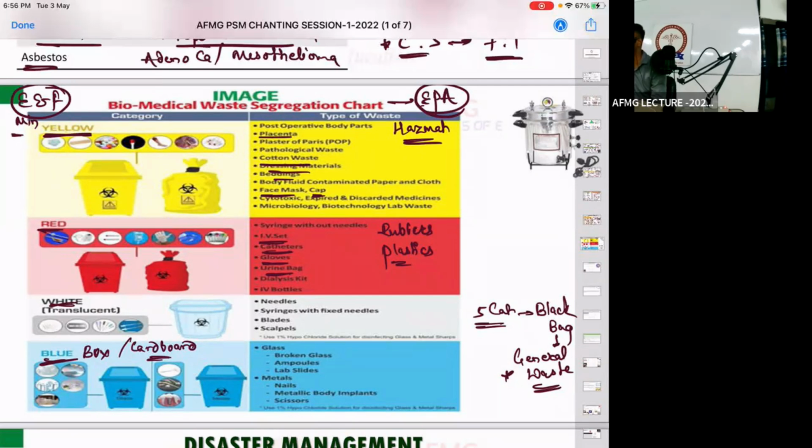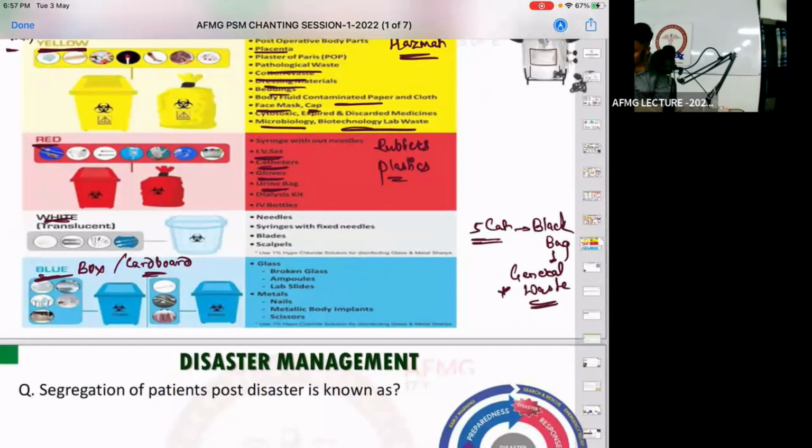Microbiological waste, culture plate, biochemical waste, liquid waste, contaminated paper, contaminated cloth, pathological waste, ascaris, well done. Syringes, white.